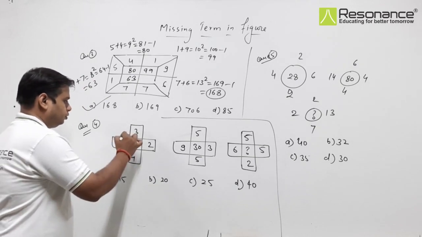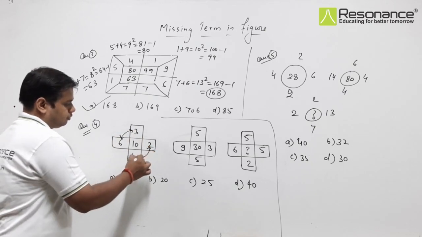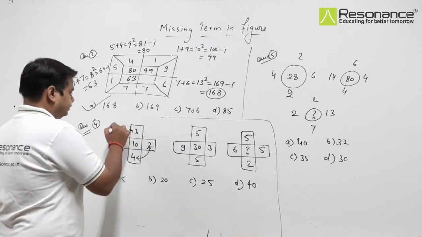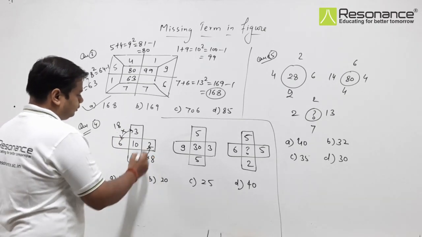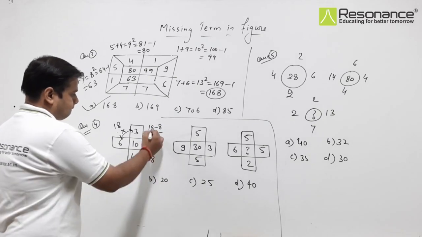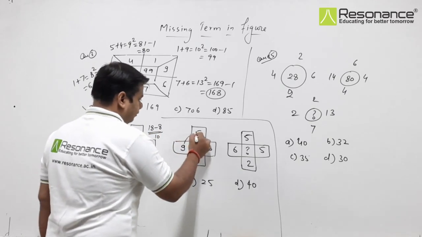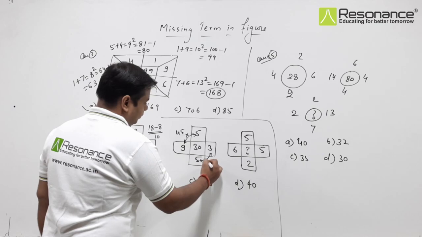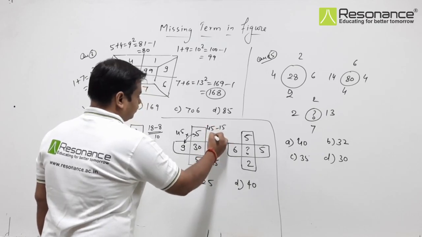So the product of 6 and 3, the product of 4 and 2: 6 3s are 18, 4 2s are 8, 18 minus 8 is 10. Similarly 9 5s are 45, 5 3s are 15, 45 minus 15 is 30.